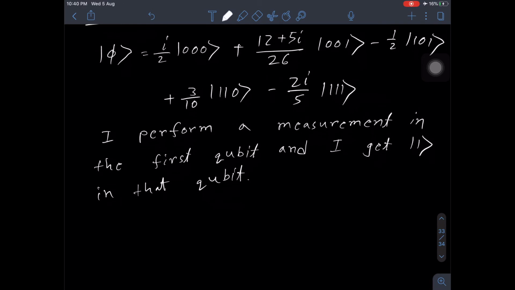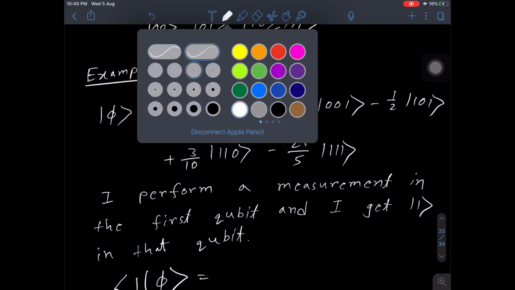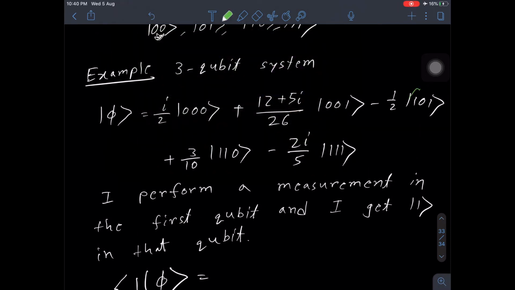If you look at this state, if I get 1, my new state will be, if you remember the Born rule, 1 on the first qubit inner product with phi, right? And that was nothing but whatever you have left whenever you have 1 in the first qubit.